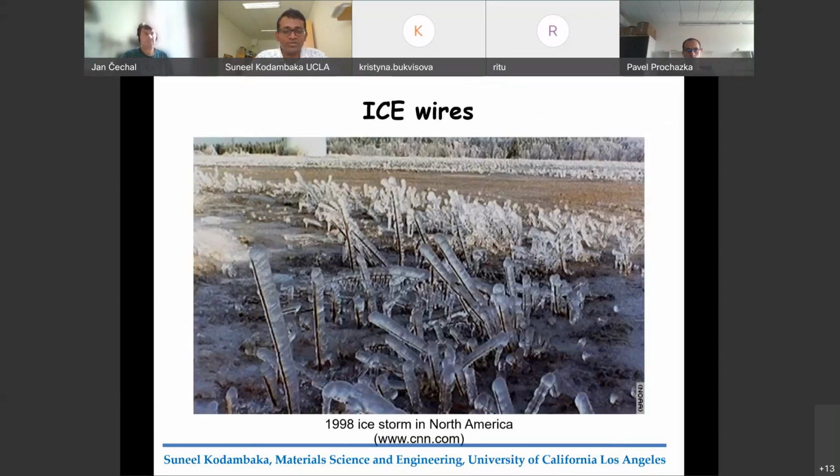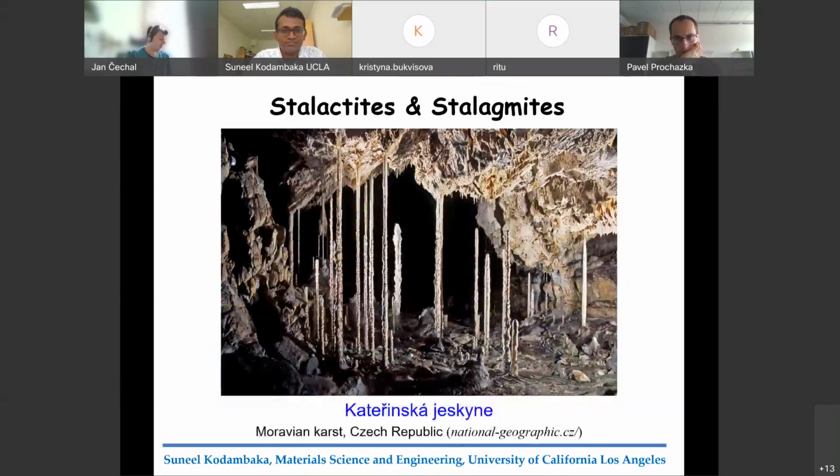Here is one example. These are not necessarily wires, but these are crystals of ice that form when you have a really cold environment, like it seems to be here now in some parts of Europe. And if you're also familiar, I'm sure you are, with stalactites and stalagmites, these are also anisotropic crystals that grow from the solution phase, and some of them grow from the bottom and some from the top.